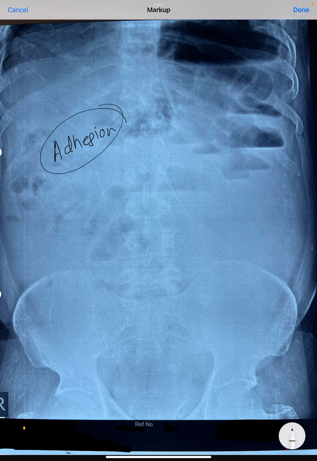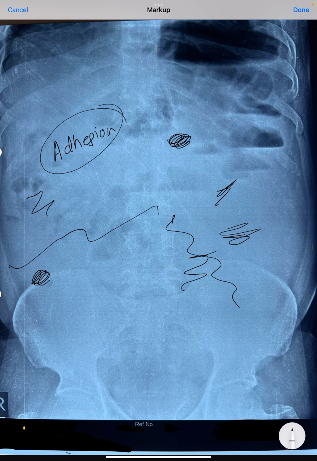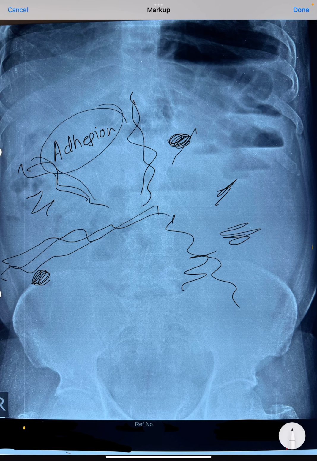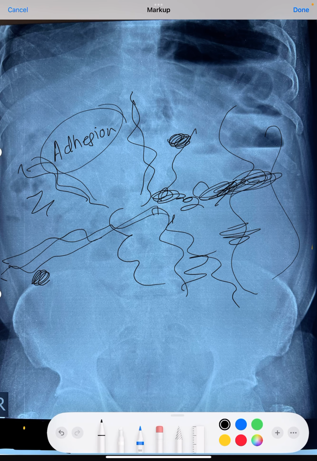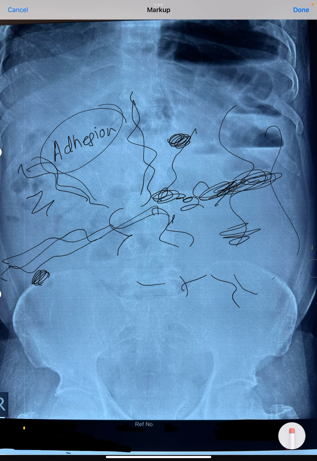Any patient who has undergone any abdominal surgery in the past, such as appendectomy, gastric outlet surgery or exploratory laparotomy, may develop adhesions, which are fibrotic bands. These fibrotic bands can hold the small or large intestine, impair its motility, or completely choke it up, causing intestinal obstruction.